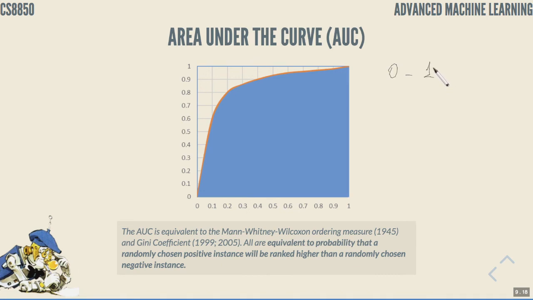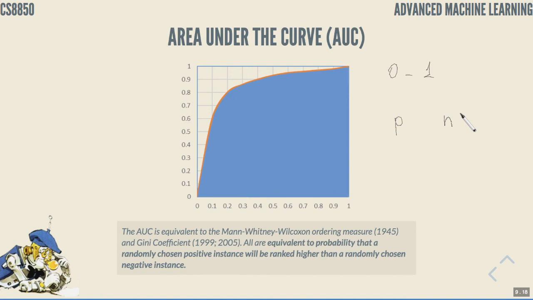And it's been shown a few times before that area under the curve as a number, as a metric, is equivalent to the Mann-Whitney-Wilcoxon ordering measure and Gini coefficient, or basically it's equivalent to the probability that a randomly chosen positive sample, so we know that it's positive, is ranked higher than a randomly chosen negative sample.